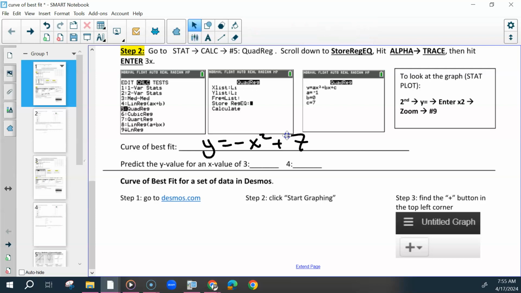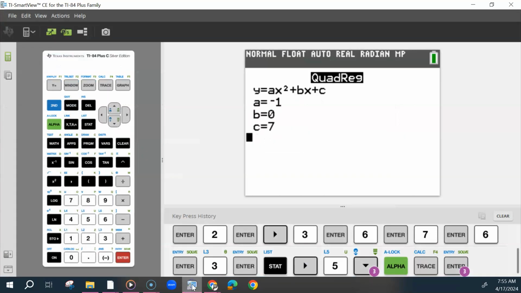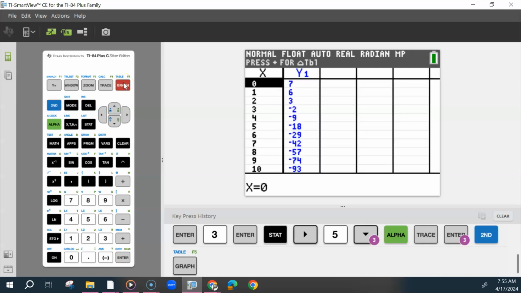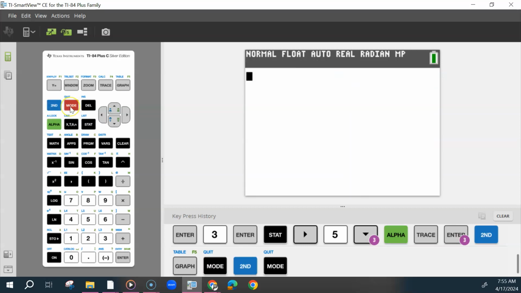So then we're going to predict the y value for an x value of 3 and 4. You can do one of 2 things. Since we stored it, go into the table and look for when x is 3 and when x is 4 and write those down. Or you could go into the home screen, second mode, and store this.